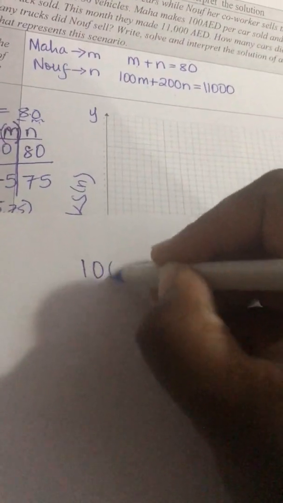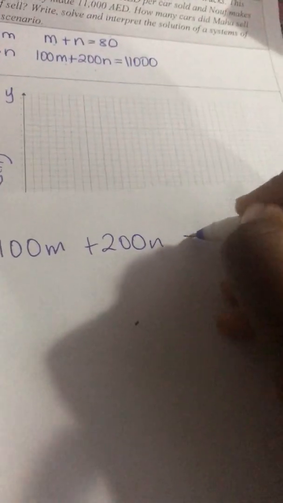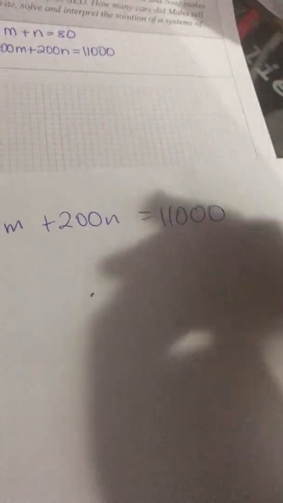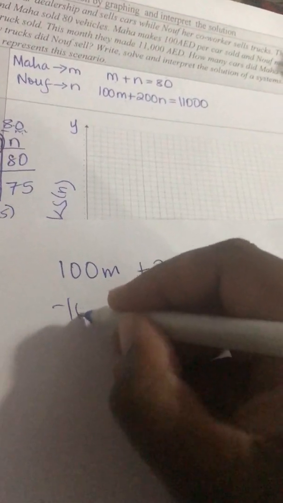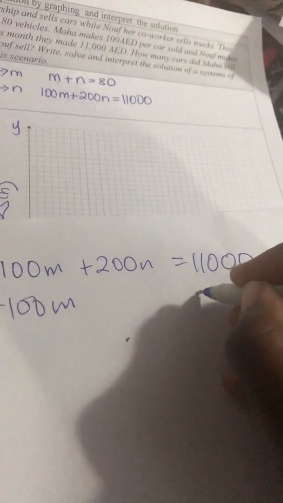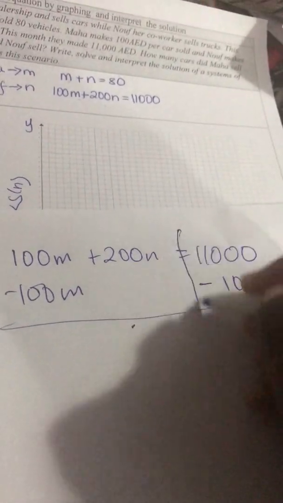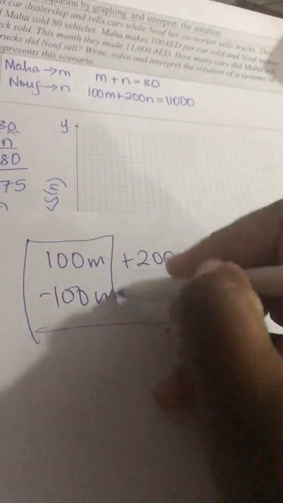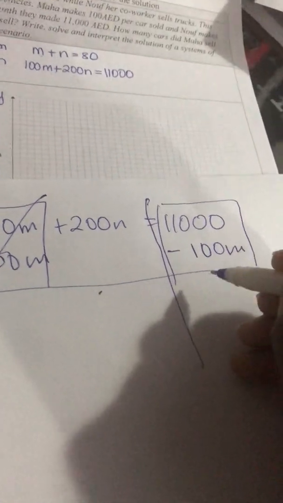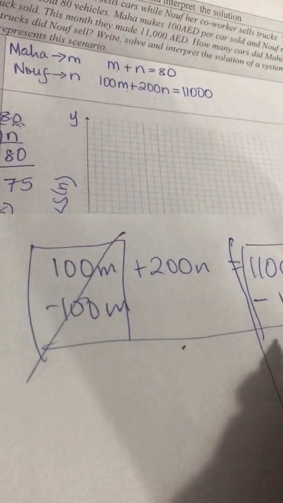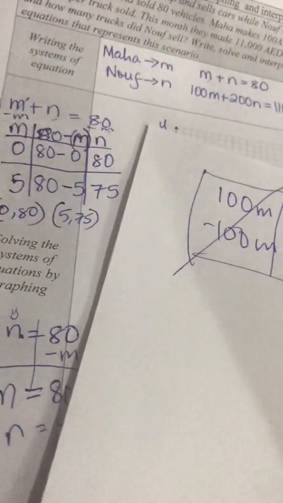So this is 100M plus 200N equals 11,000. I want N by itself, so I need to move 100M. 100M goes, okay, my bridge is here. This house goes away.